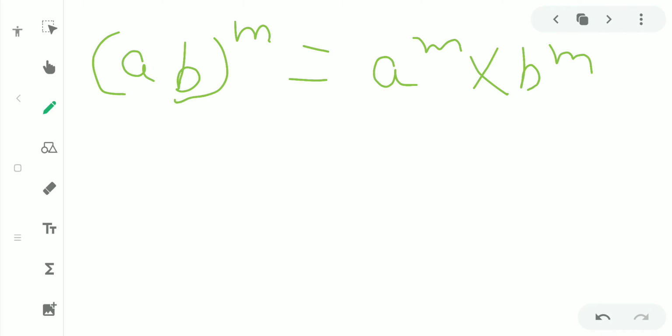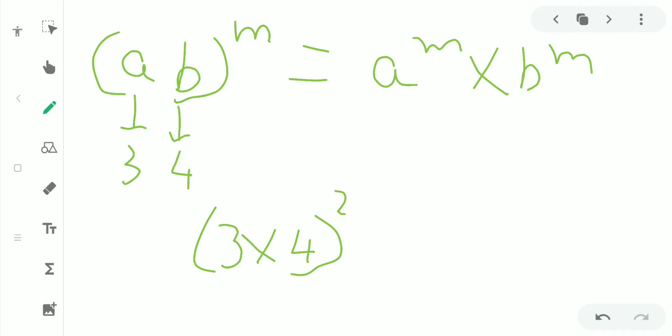Here you can observe ab whole power m. If I assume a as 3 and b as 4, then 3 into 4 whole square, with m as 2, we get 3 square into 4 square. 3 into 4 is nothing but 12, 12 square is 144, and here also 3 threes are 9.